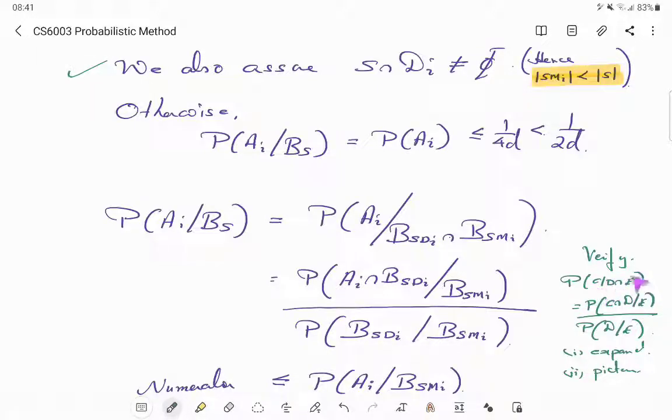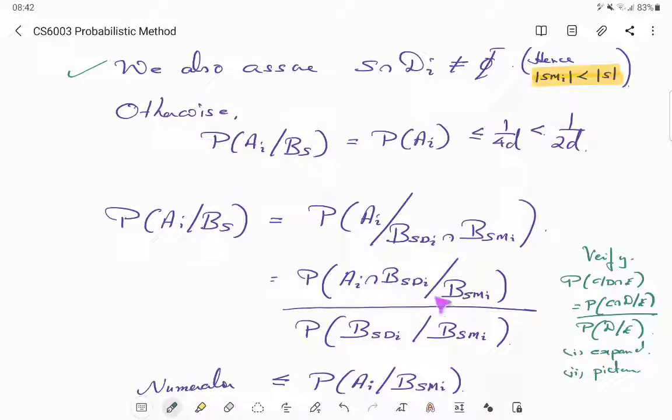You can blow up your E to be omega, and then think of these things as happening inside of the set E. And then this is very similar to saying P of C given D is P of C intersection D by P of D. So I want you to verify this both by expanding and later without any expansion, directly using pictures. Here C's role is taken by AI, and D and E are BSDI and BSMI respectively.